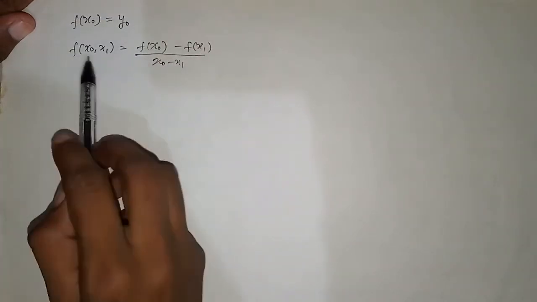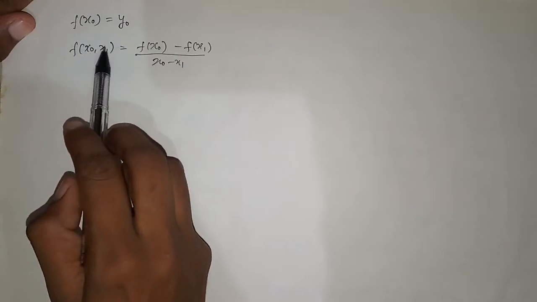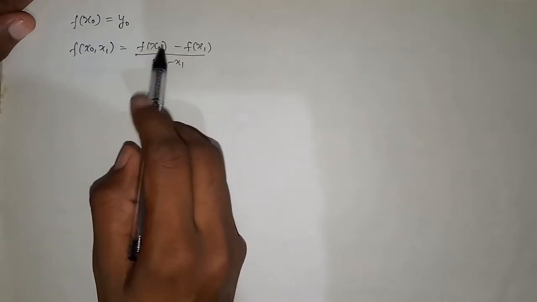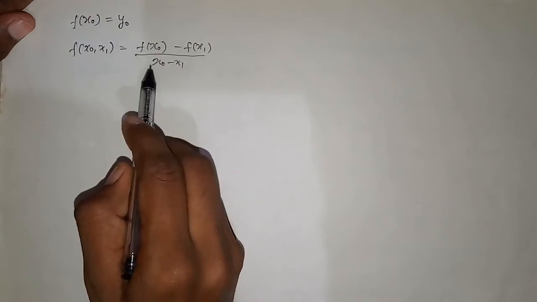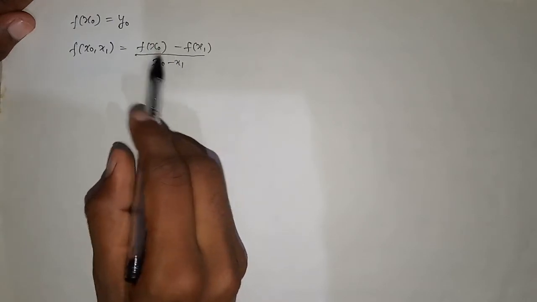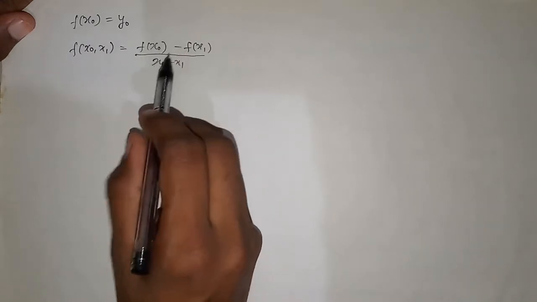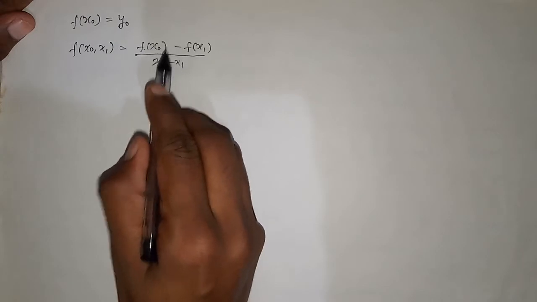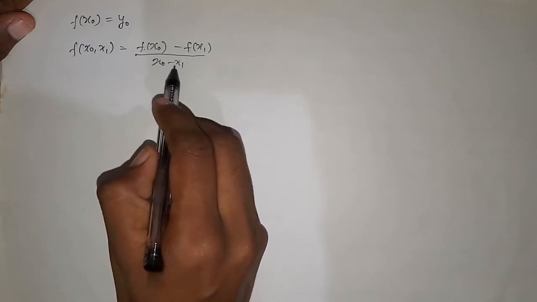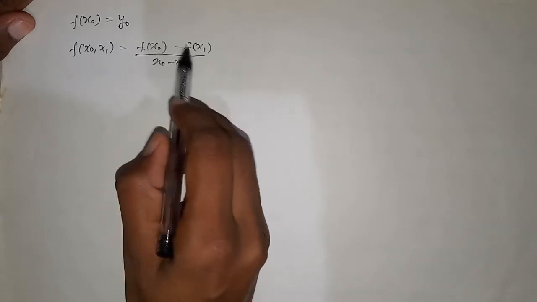So we can say that f of x0 comma x1 is nothing but the difference of entries x0, x1 divided by the difference of arguments x0, x1. So you can remember this easily as f(x0) minus f(x1), and the term you are writing in the divisor will be only x0 and x1.